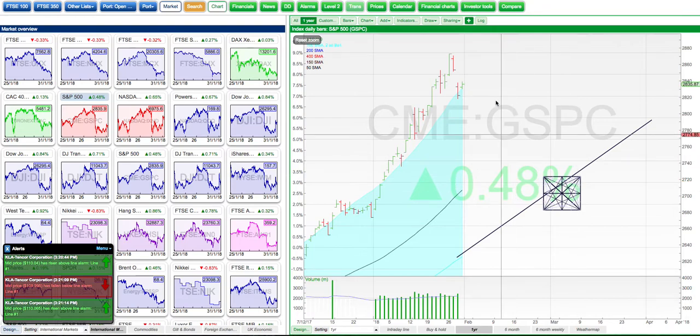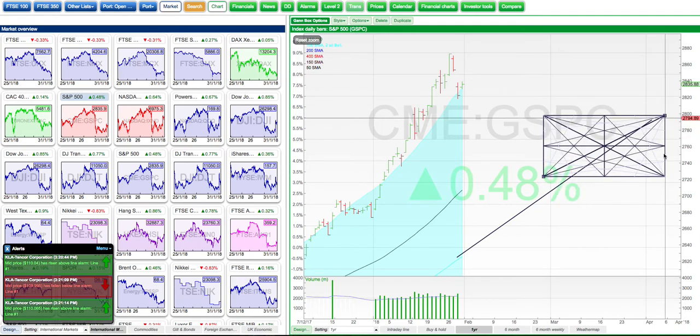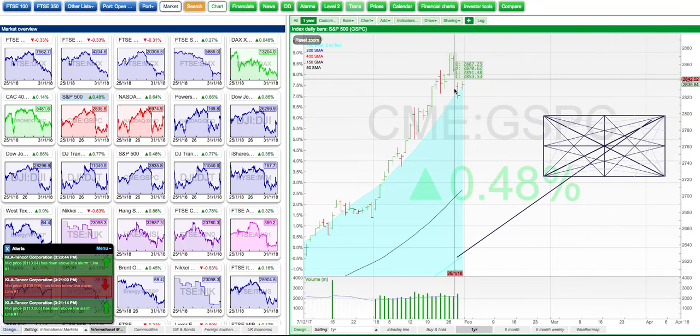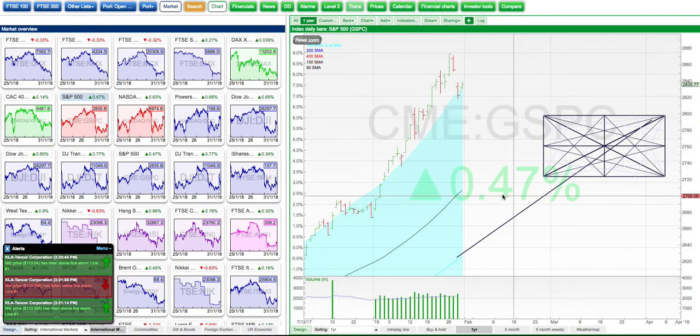I put this line in to show you that I'm looking for this market to retrace into this box. Not saying it will, but it wouldn't be unusual if it did. So I'm looking to trade it. I'll leave that up and let's see if it trades. It could just carry on going up, but if it moved back into this area, completely normal.